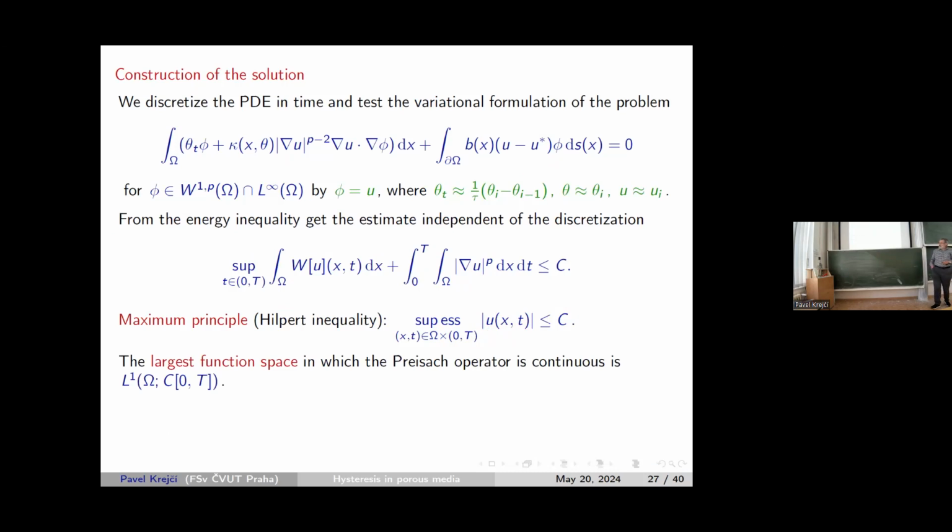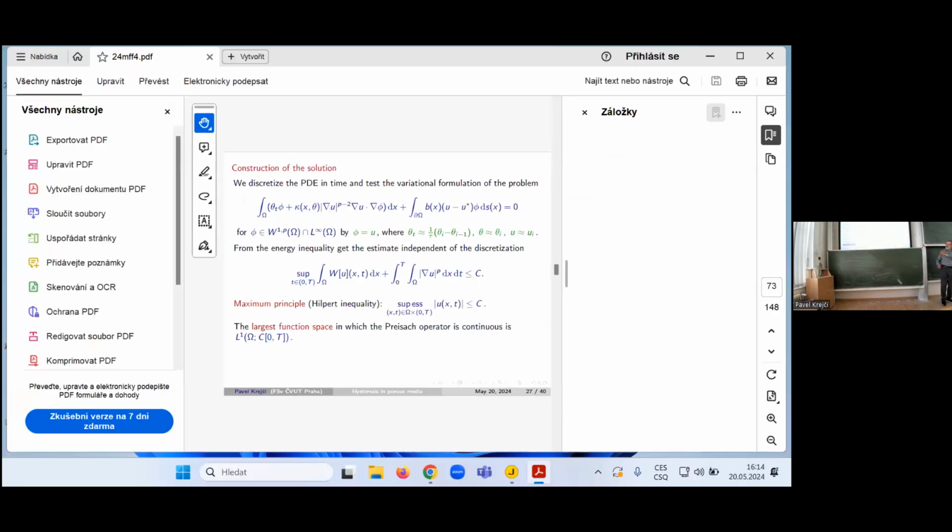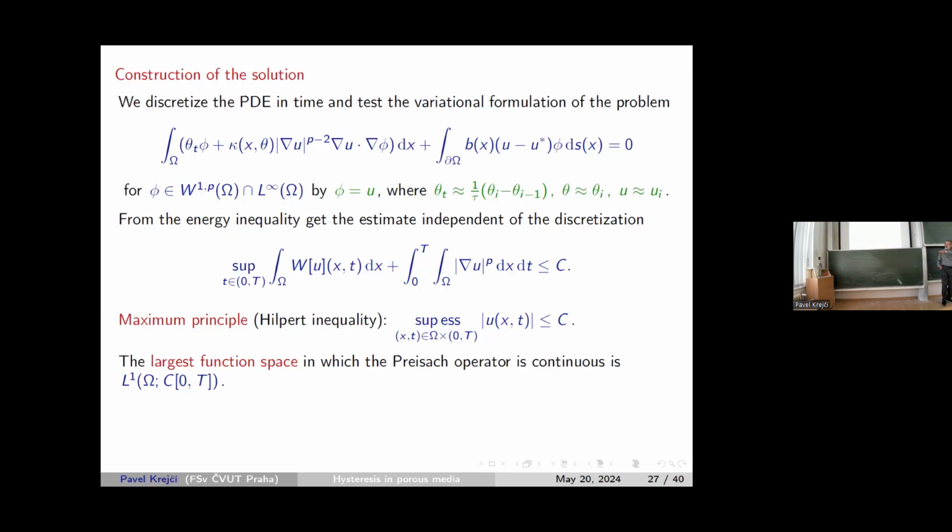Because the weakest one, the largest function space in which the Preisach operator is continuous is L1 of omega with values in the space of continuous functions. So we cannot go further than continuous functions. Well, a little bit, we can go to regulated functions, but we do not have better embedding theorems for regulated functions than for continuous functions.